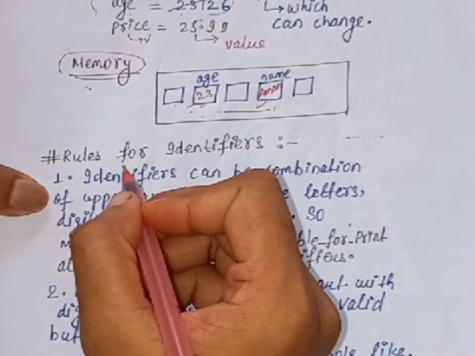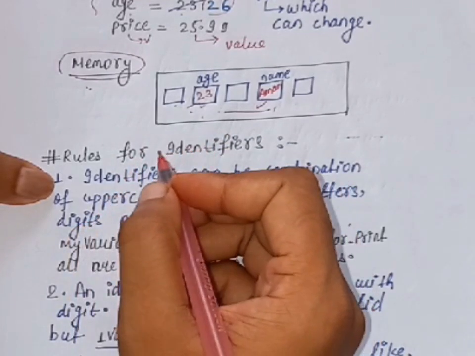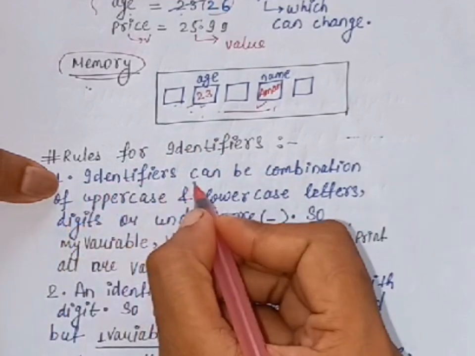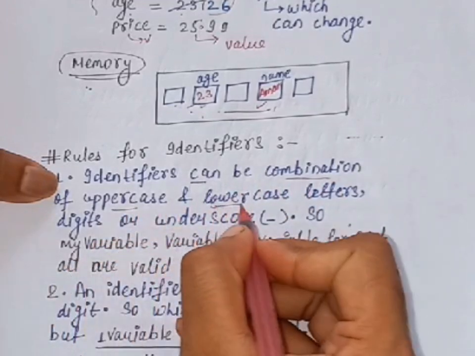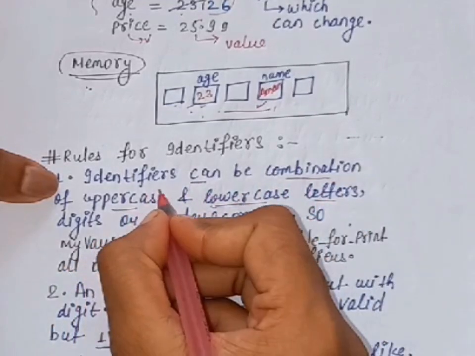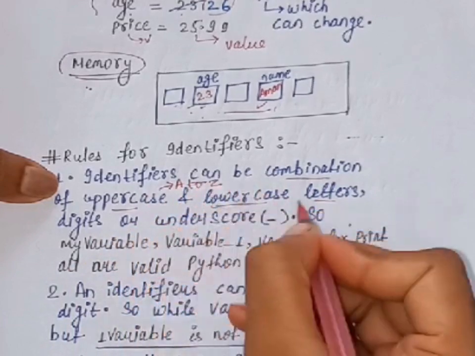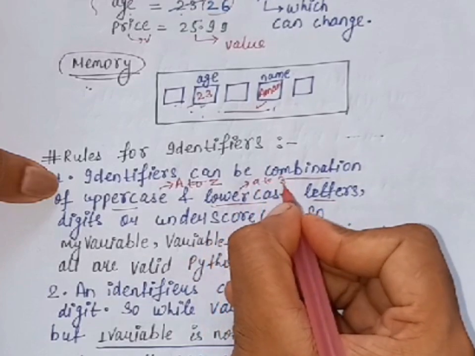I'll discuss our next topic, rules for identifiers. There are 4 rules for identifiers. The first rule is that an identifier can be a combination of uppercase and lowercase letters. What do you mean by uppercase? Capital A to capital Z, and lowercase means small a to small z.